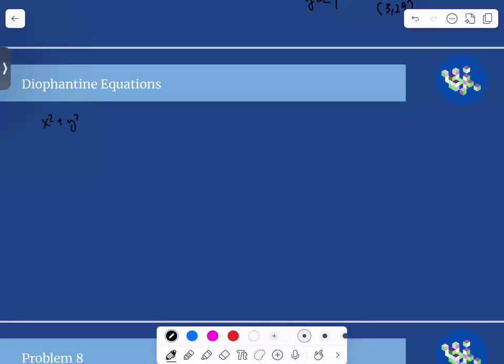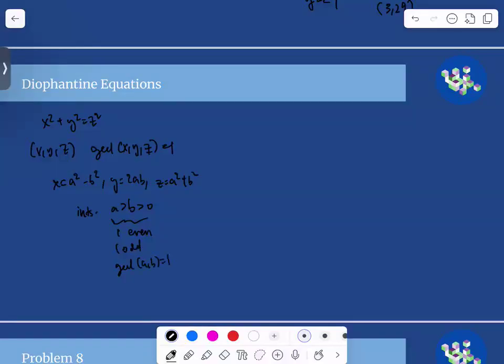If you have something like x squared plus y squared is equal to z squared, which looks like the Pythagorean identity, then all positive integer solutions x, y, z that satisfy that the GCD of all three is equal to 1 can be parametrized as x is equal to a squared minus b squared, y is equal to 2ab, and z is equal to a squared plus b squared, where a and b are both integers, a is greater than b, one of them is even and one of them is odd, and the GCD of a and b is equal to 1, so they're relatively prime.